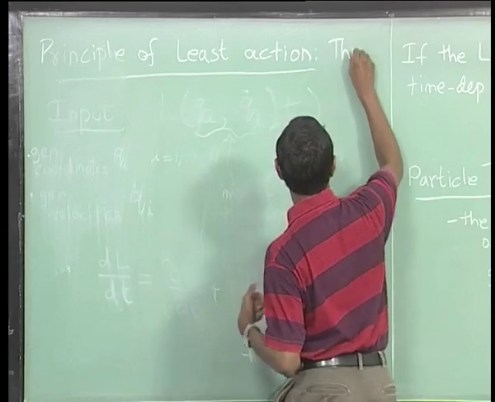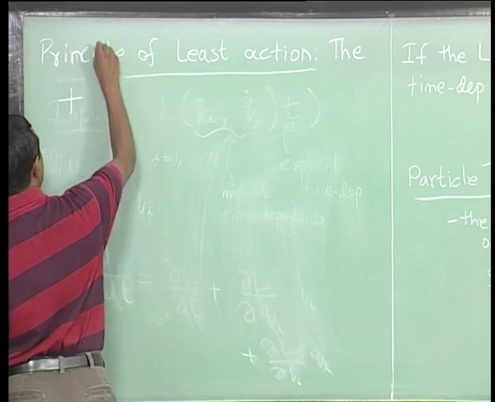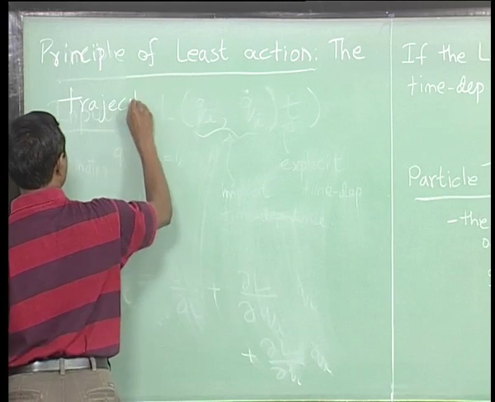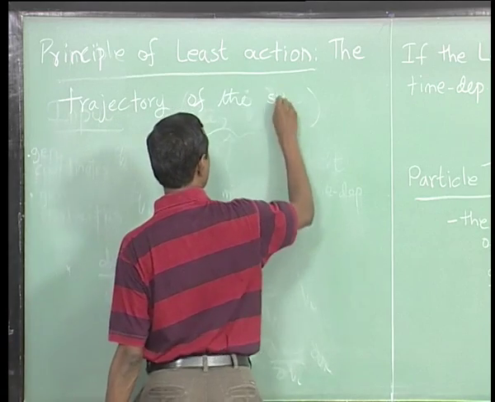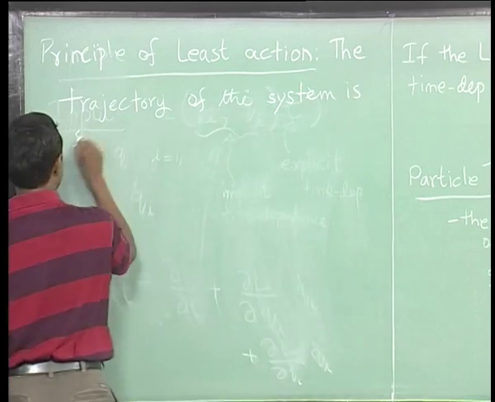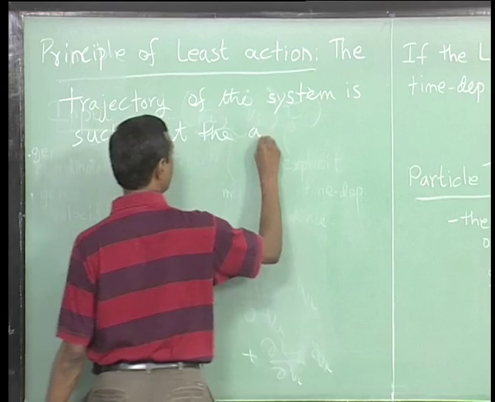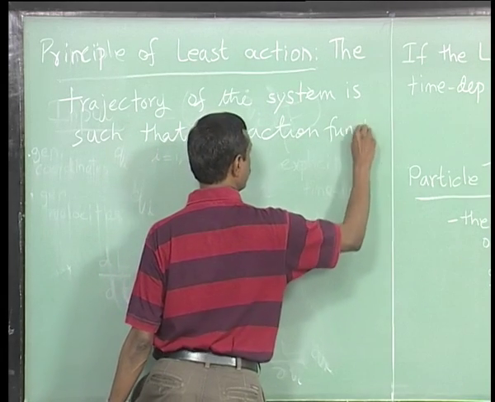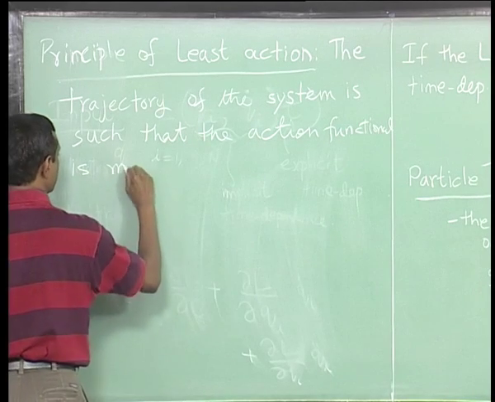Let us see how that goes. So the trajectory of the system is such that the action functional is minimized.